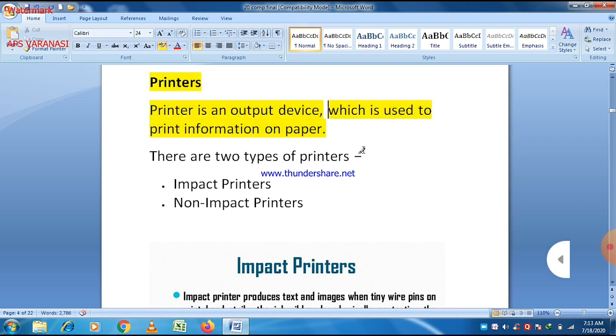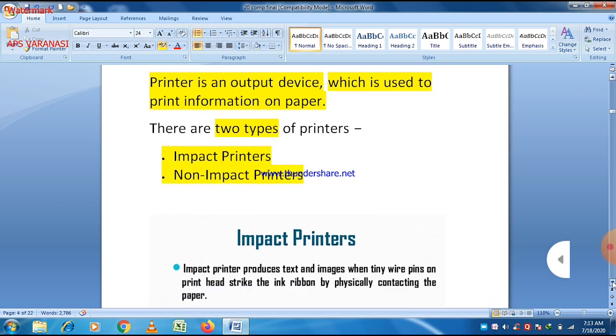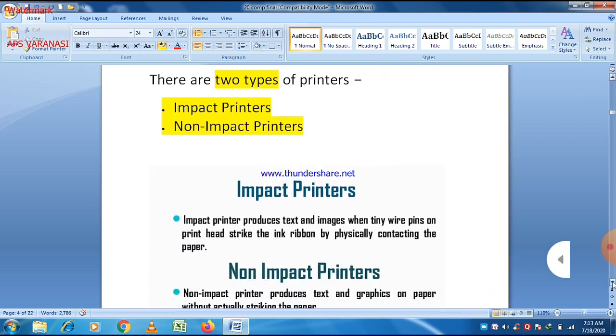So there are two types of printers. First one is impact printer and second one is non-impact printer. As the name suggests, an impact printer impacts on paper, and a non-impact printer does not impact on paper to print a character.